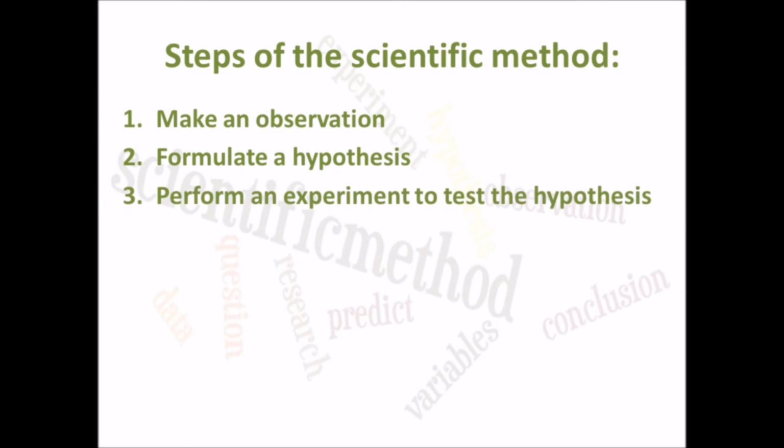After formulating your hypothesis, you're going to perform your experiment, and that's going to let you test whether your hypothesis holds or not. It is very important when you design your experiment that you figure out a way to standardize your experiment. A standard experiment allows other researchers in other labs in other parts of the world to reproduce your experiment and come up with the same results.